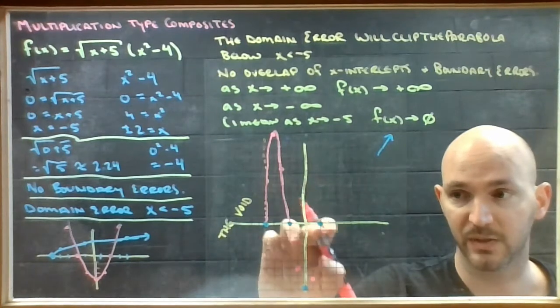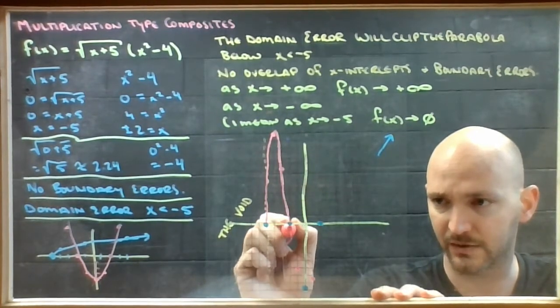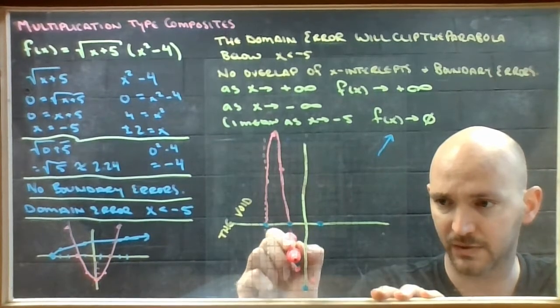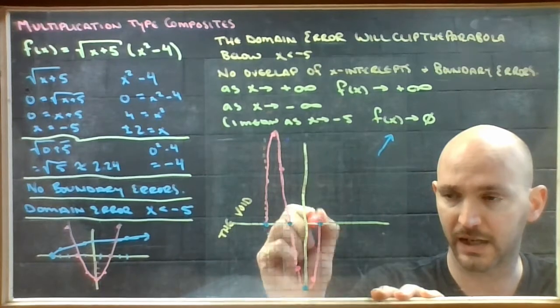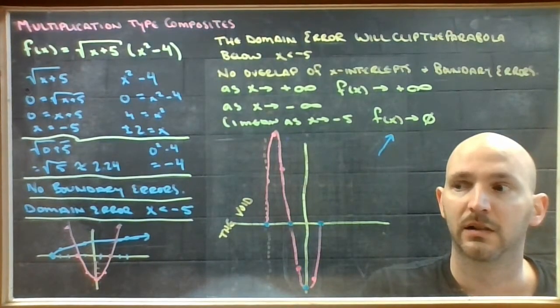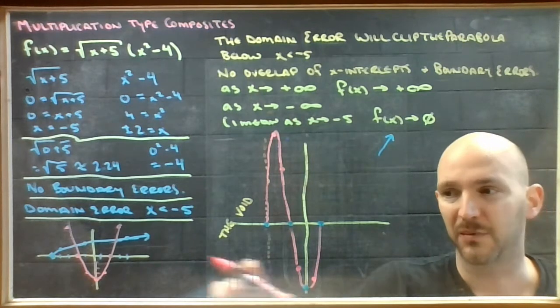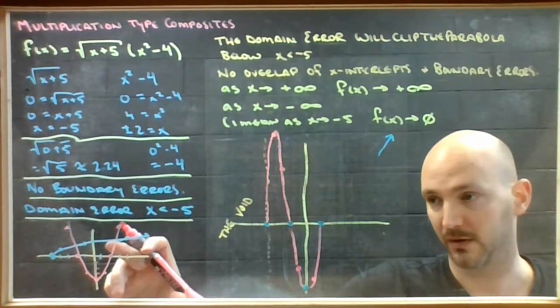At +2, I'm back at an x-intercept, so I can sketch this thing in here down to this point, through the y-intercept, back up. I could do a few more.